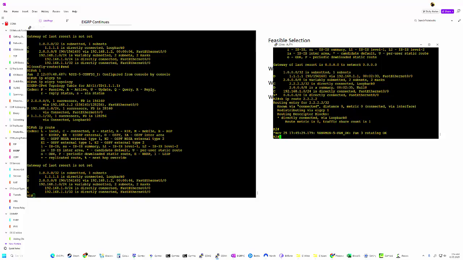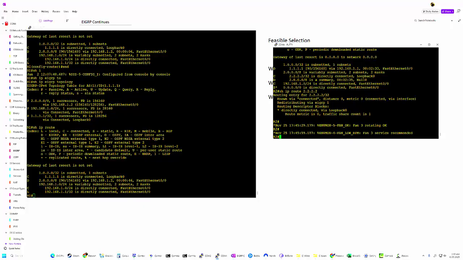All right. There's a struggle here because I'm not getting the information to give you a direct link, but the feasible distance, I'm sorry, is a measurement of its distance to its neighbor, and the administrative distance of the neighbor for that particular route.